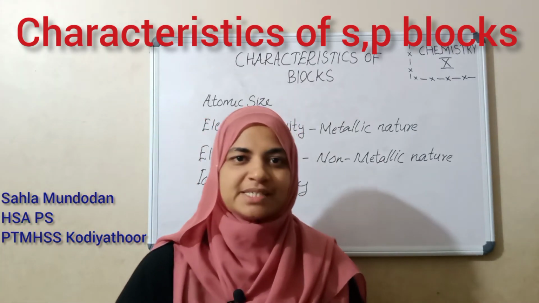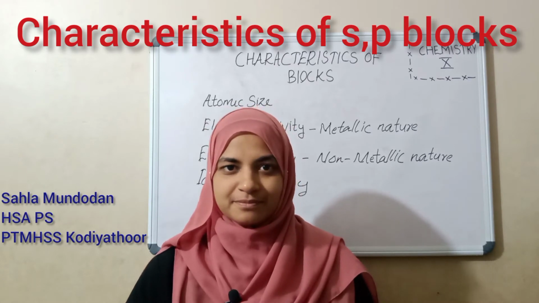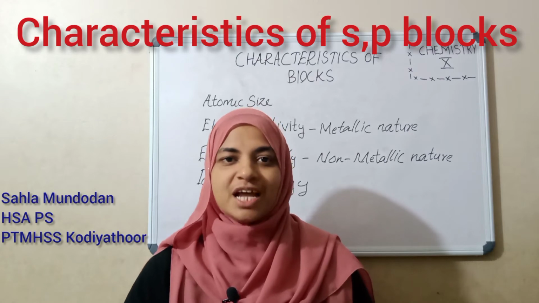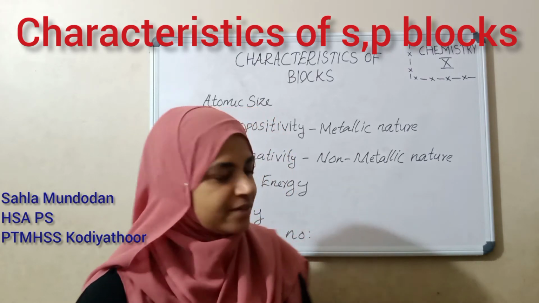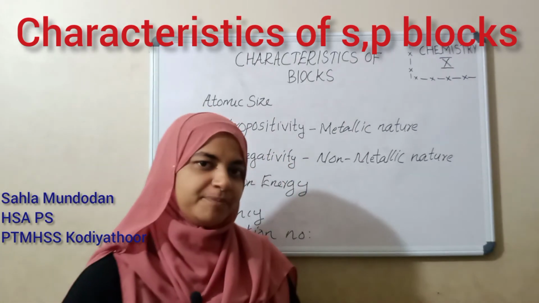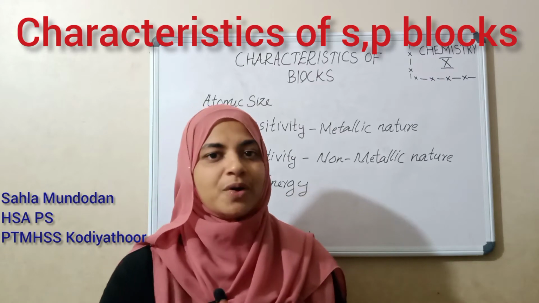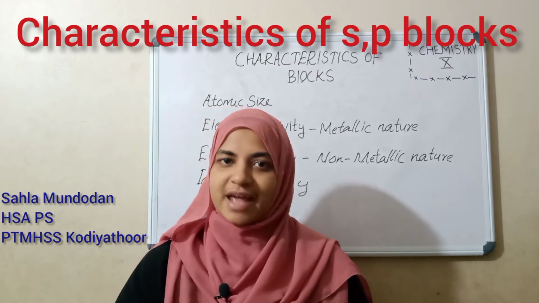What is atomic size? We know it is the size of the atom. The size of the atom depends on the shell number of the atom and nuclear charge. Next is electropositivity. It is the ability to donate or liberate electrons during a chemical reaction.